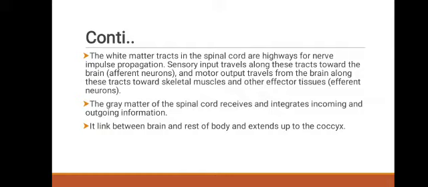Motor or efferent nerves we call descending nerves, and sensory or afferent nerves we call ascending nerves. The grey matter of the spinal cord receives and integrates incoming and outgoing information. It is a link between the brain and the rest of the body and extends up to the coccyx.